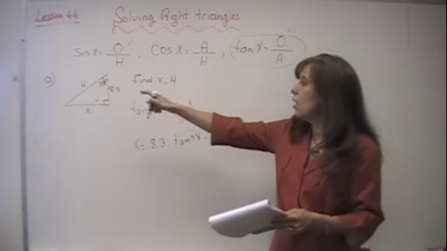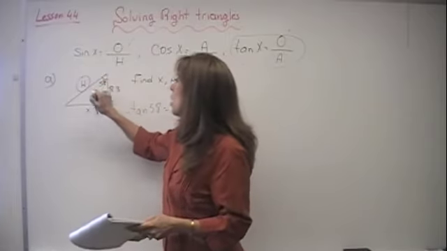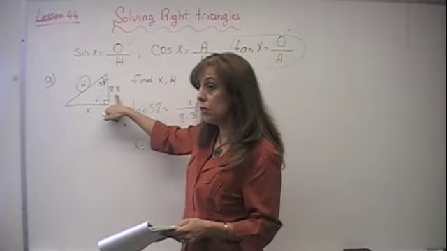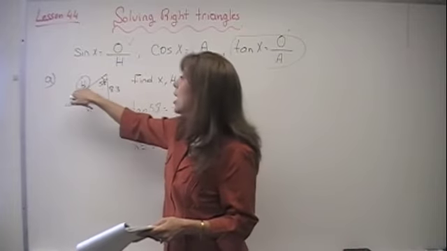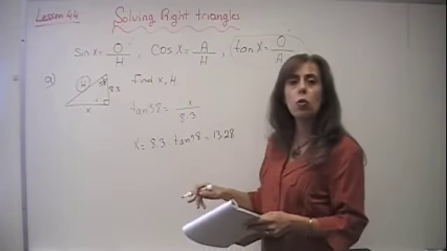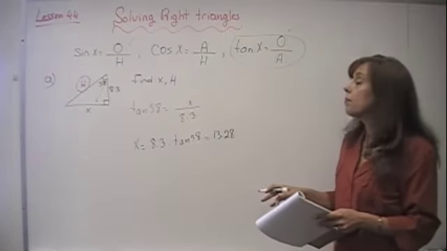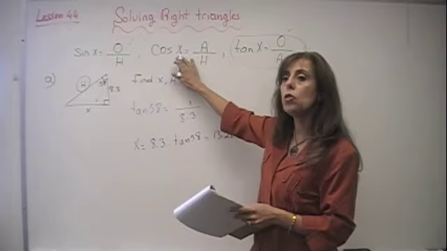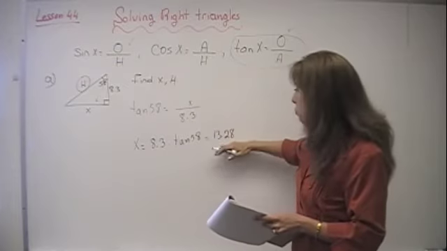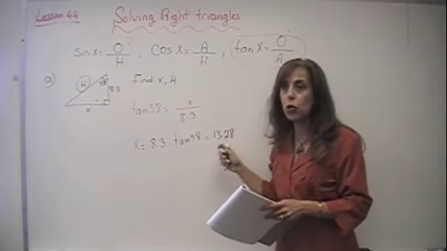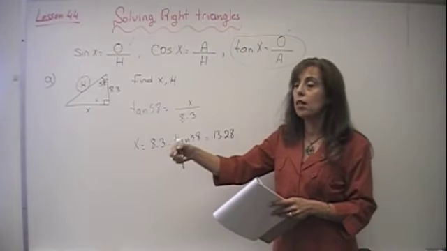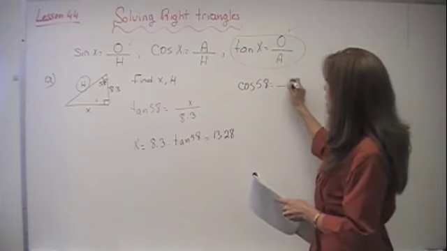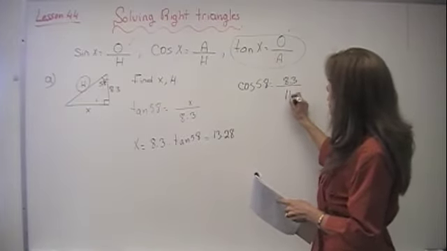To find the hypotenuse, we have the adjacent side of the angle, which is 8.3, and h. So the only function we can use here is cosine. Correct. Always try to use numbers other than the ones you found, just in case that number was wrong, so you're not carrying the same mistake. So cosine 58 equals 8.3 over h.